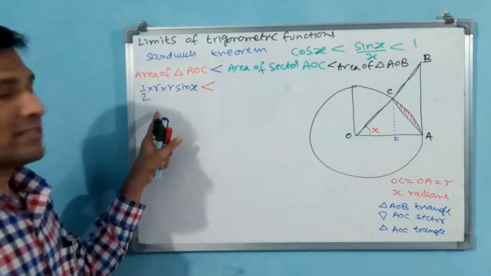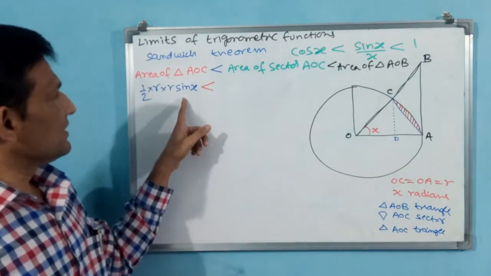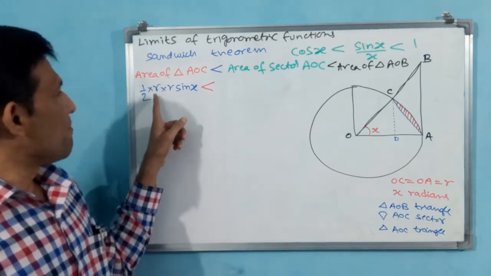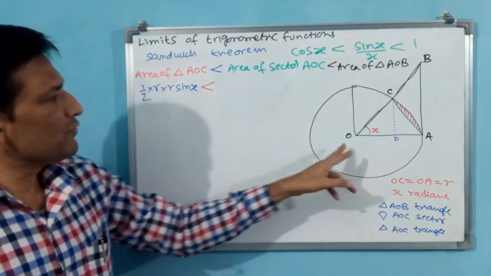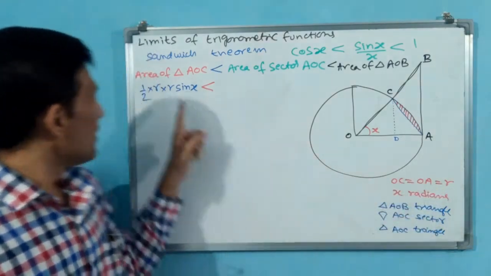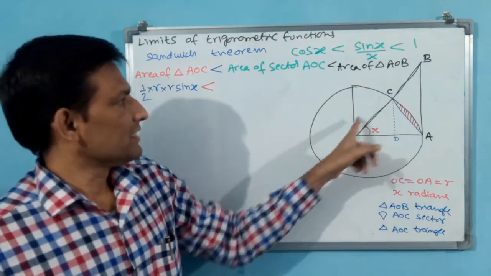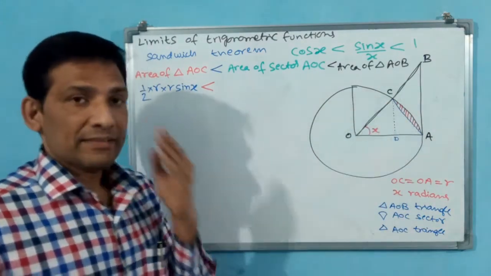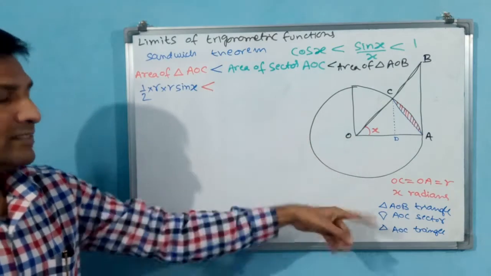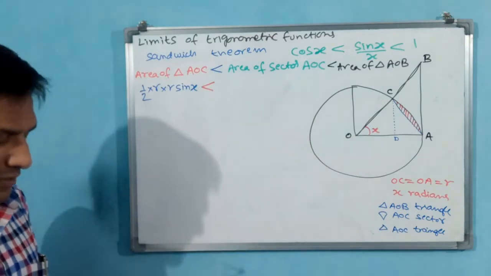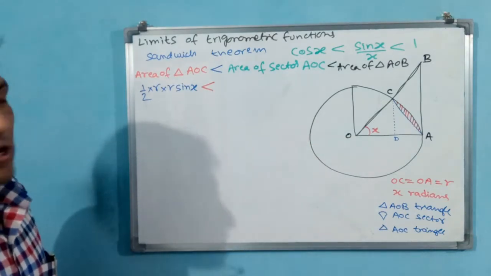Now how we have written this you know very well. Why? Because area is half of base into height. Base also, OA is R, but height is R sin x. Here x is this angle in radians. Now you write area of sector.